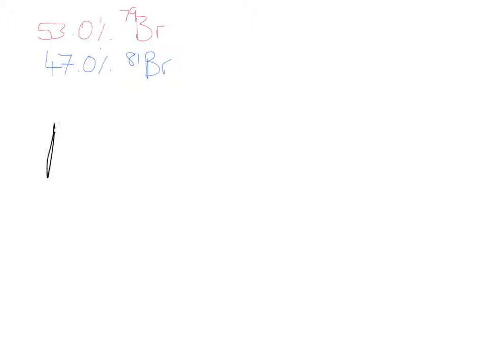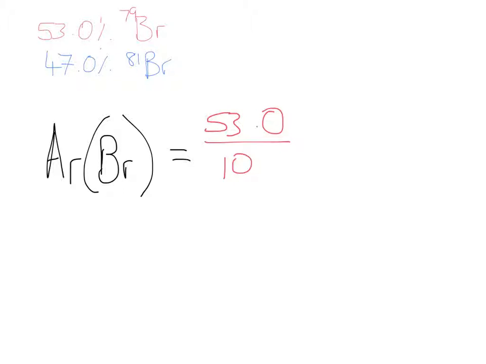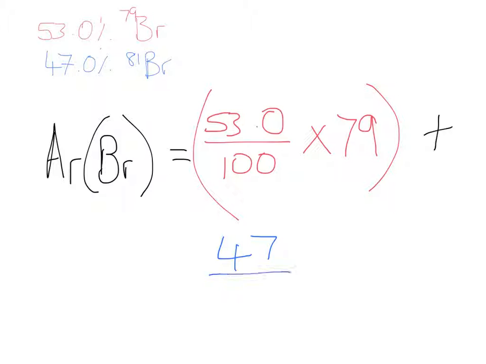So the relative atomic mass, AR, for bromine equals 53.0 divided by 100, times that by 79, plus, same again for the bromine 81, so 47.0 over 100 times 81.